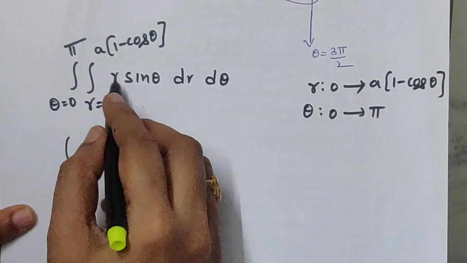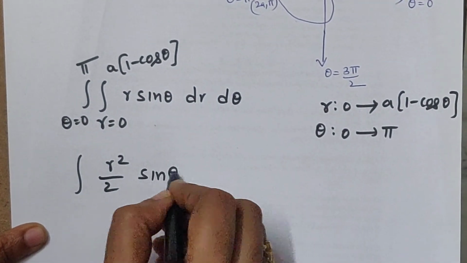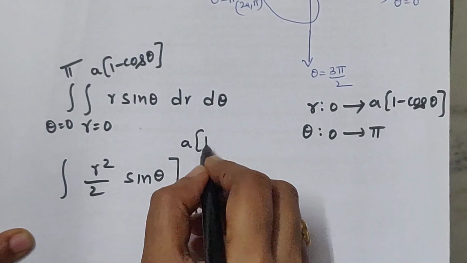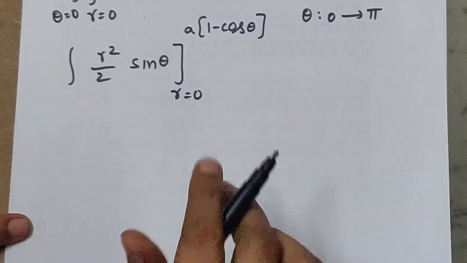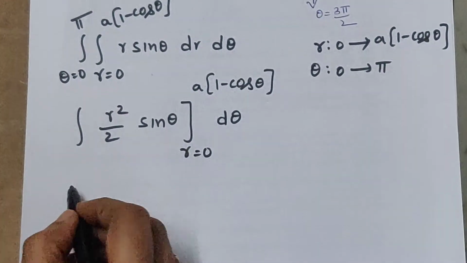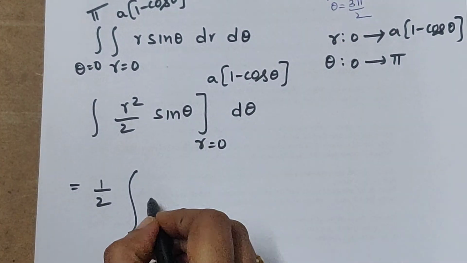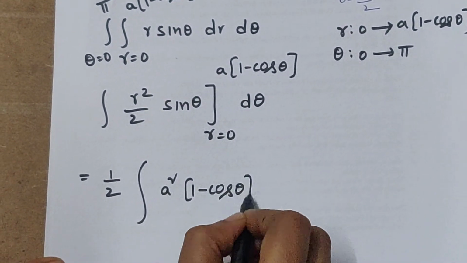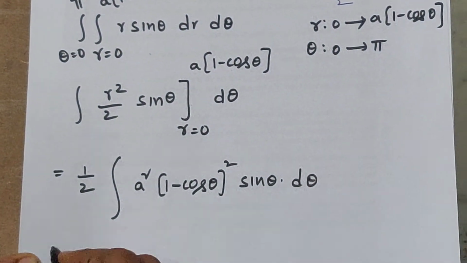So the integral of r becomes r square by 2, with sin theta as it is, limits 0 to a into 1 minus cos theta, d theta. It is equal to 1 by 2. In place of r, substitute the limit. So a square into 1 minus cos theta whole square sin theta d theta.